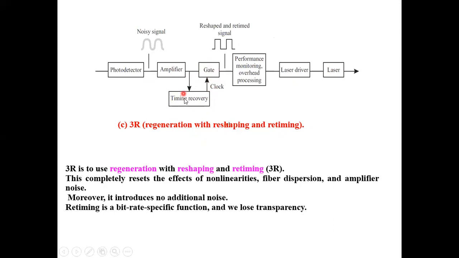It takes care of the phase delay that has happened in the journey of the signal up to this point. That timing recovered signal is then input to the gate circuit, and I get the reshaped and retimed signal. We add a little more sophistication to the method by adding a processing block.